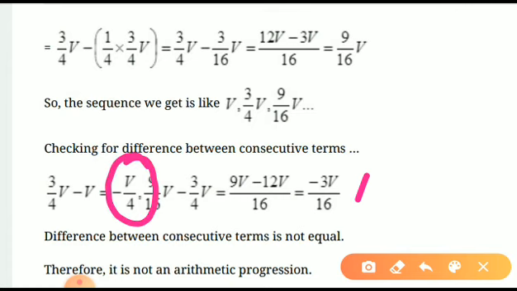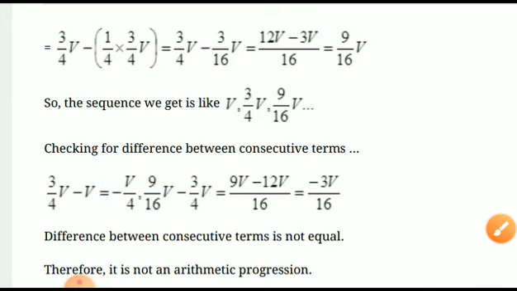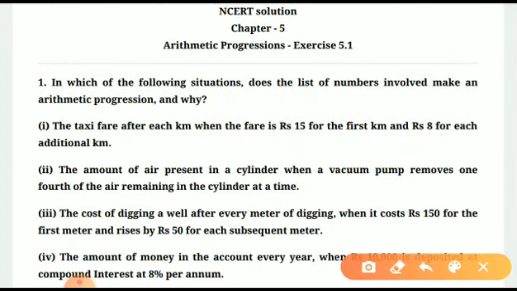But before that we got the difference as minus V by 4, so it is not the same. The difference between consecutive terms is not equal, and hence it is not an arithmetic progression. Is that clear? Next one.